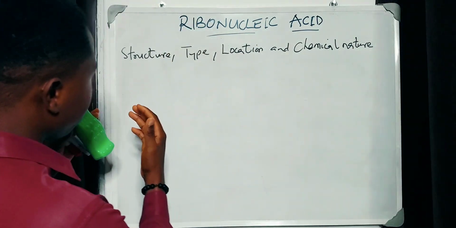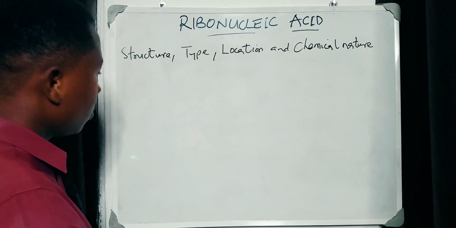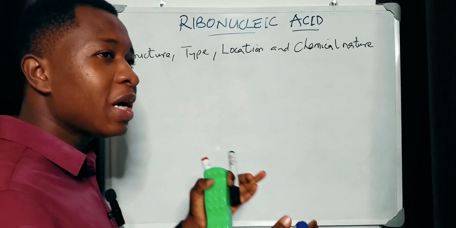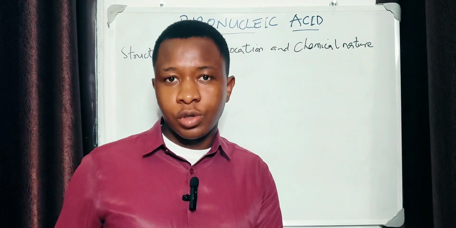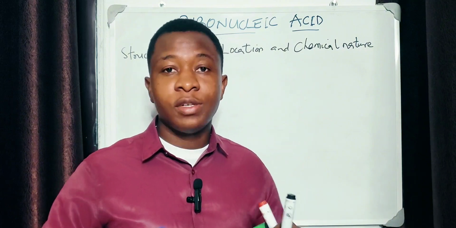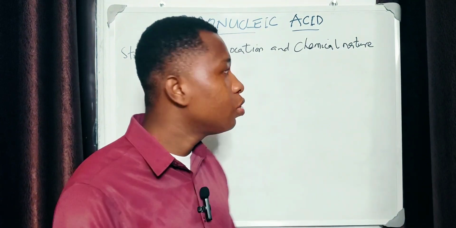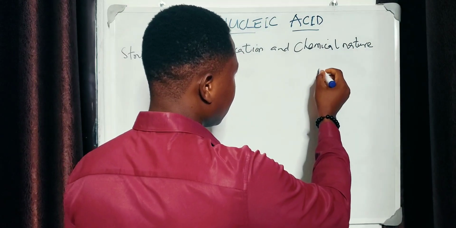Okay, so let's take the structure first. So the structure of the ribonucleic acid. The ribonucleic acid, unlike the DNA, is a single-stranded structure. You know, the DNA is a double helical structure, but the RNA is single-stranded. So you have a diagram like this.